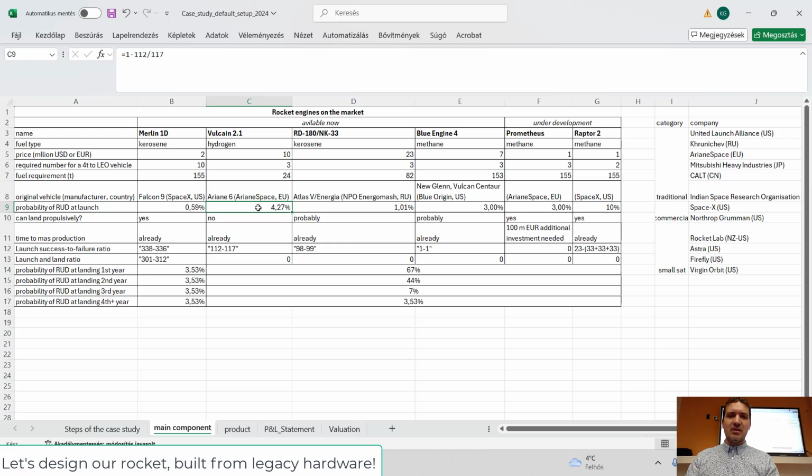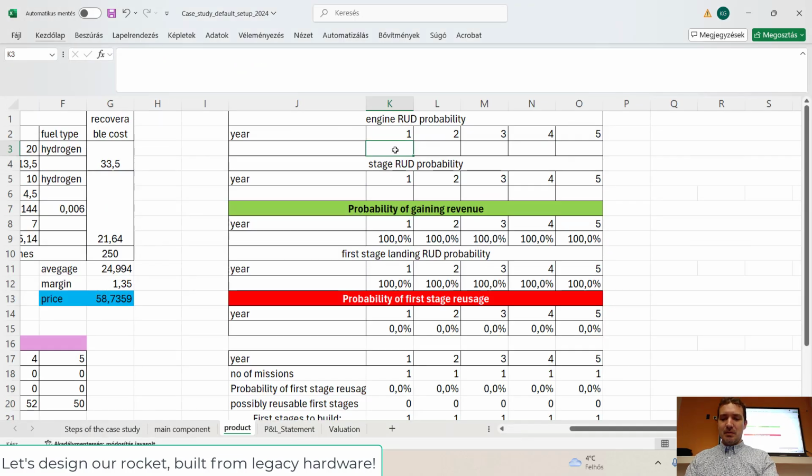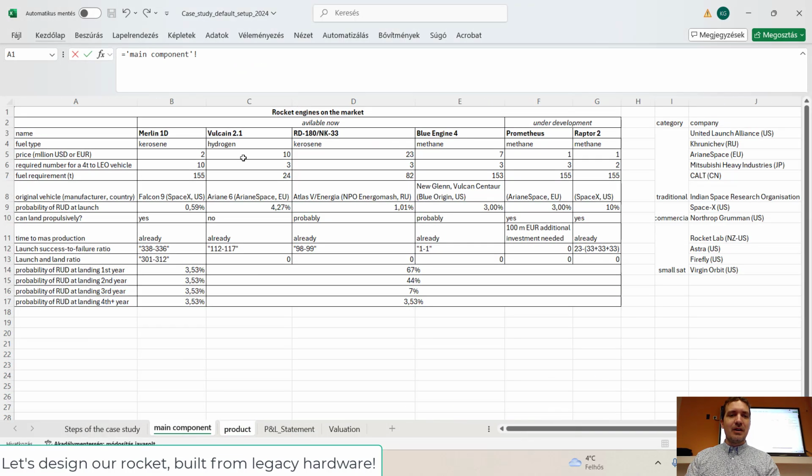Why is this so high? Okay, this was coming from the data from the beginning. Ariane had the tendency for explosion, but after that they were able to consolidate. Just the numbers are not that great, but doesn't matter. This is legacy hardware, so we have to live with this.